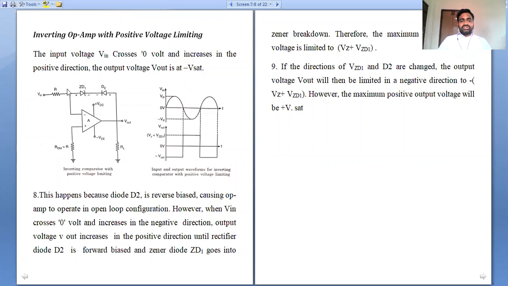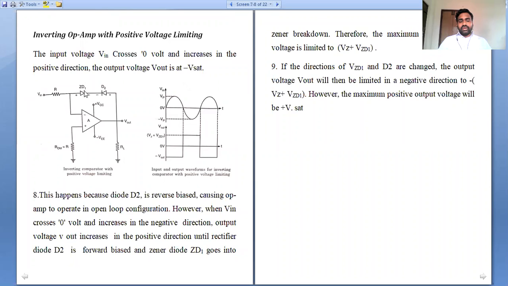Next, the input resistance is connected to the inverting terminal, and the input supply is connected to the inverting or negative terminal of the operational amplifier. So the circuit description is the same. In addition to the previous context, here I am adding a Zener diode in series with a rectifier diode.